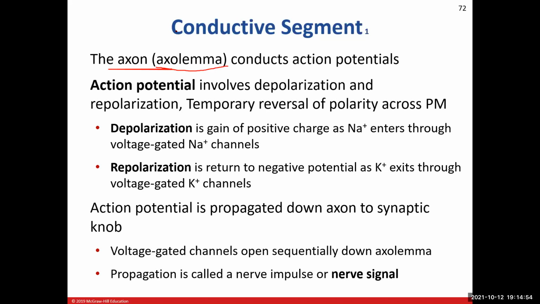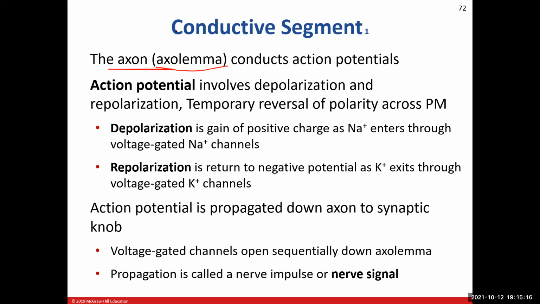And so this occurs all the way down the axon to the synaptic knob. You'll have all these voltage-gated channels next to each other. One will open up, and that will trigger the next one to open up, and that will trigger the next one.